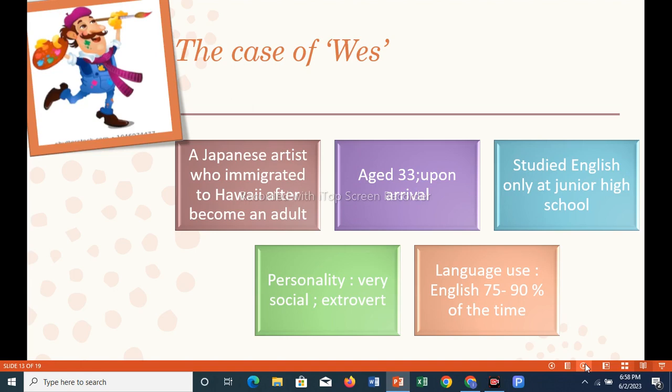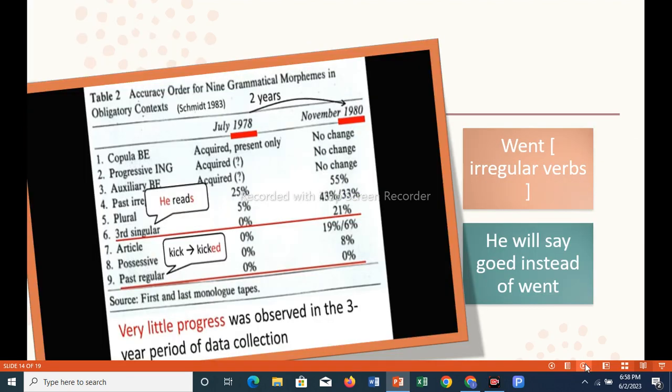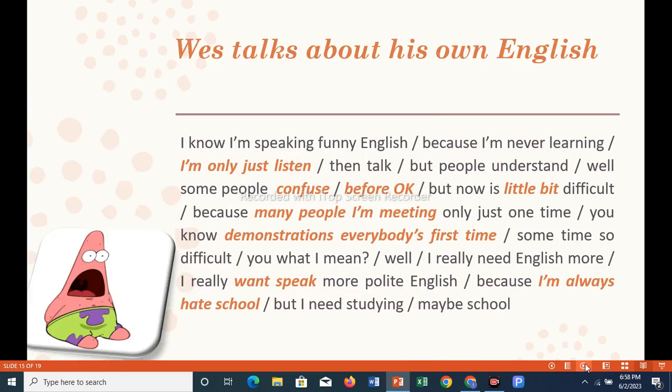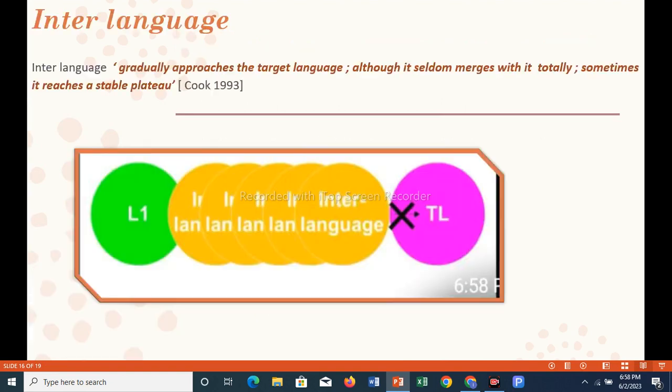He was an extrovert person, he connected with people socially, and he was using the language 75 to 90% of the time, but he was not able to learn the language properly, as he was making certain kinds of mistakes. Here is a sample of his speech writing. There are certain mistakes that are pointed out. So you can pause and read those mistakes.